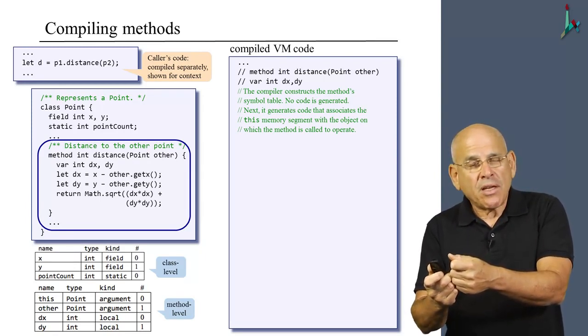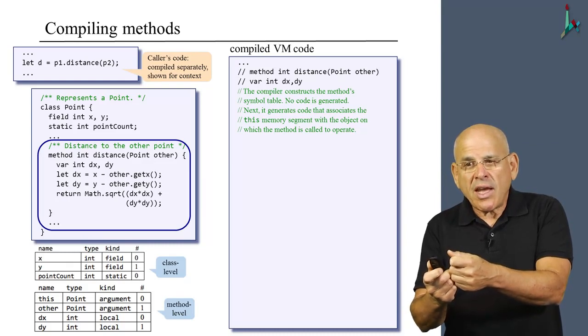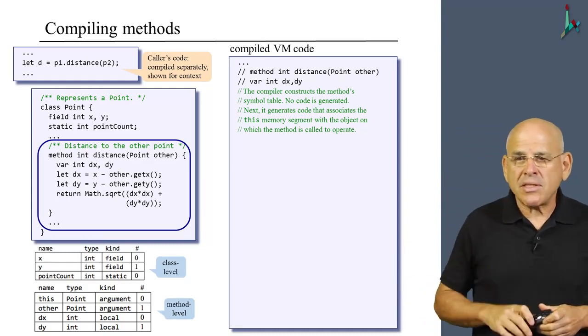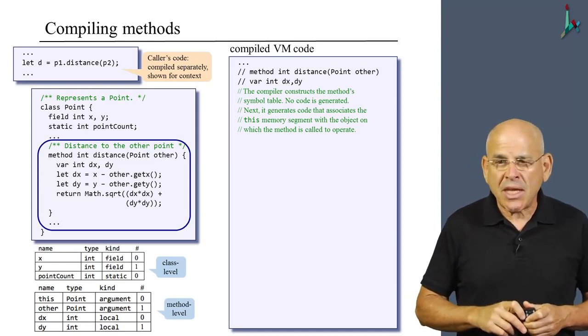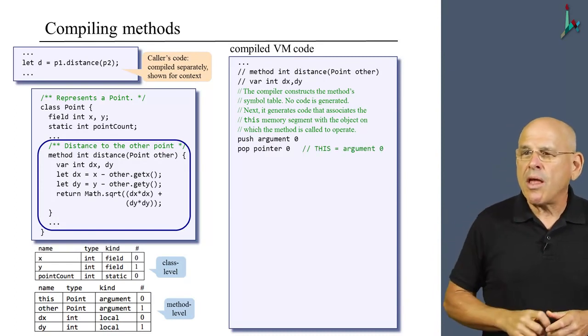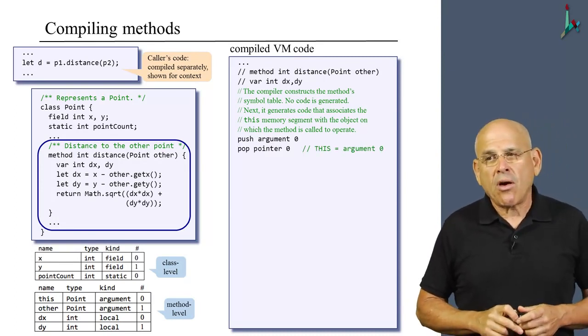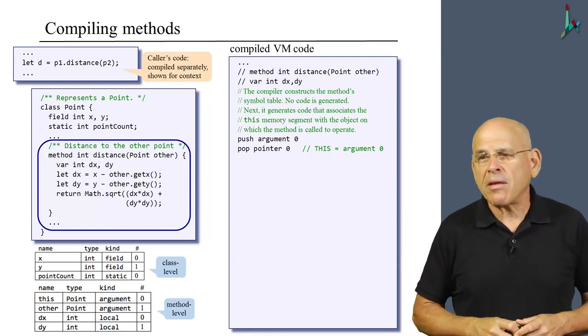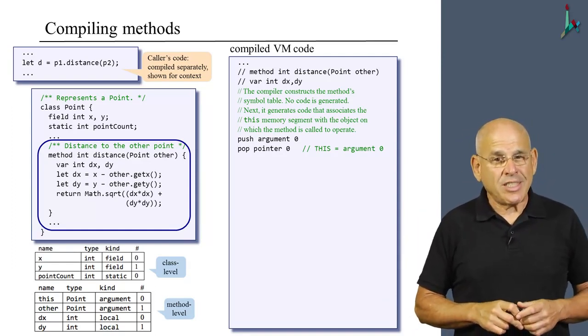And this object is always stored in argument 0. If you're not sure, take a look at the subroutine's symbol table, and you will see that this is argument 0, right? So here's what we do. We push argument 0 onto the stack, and then we pop it onto pointer 0.